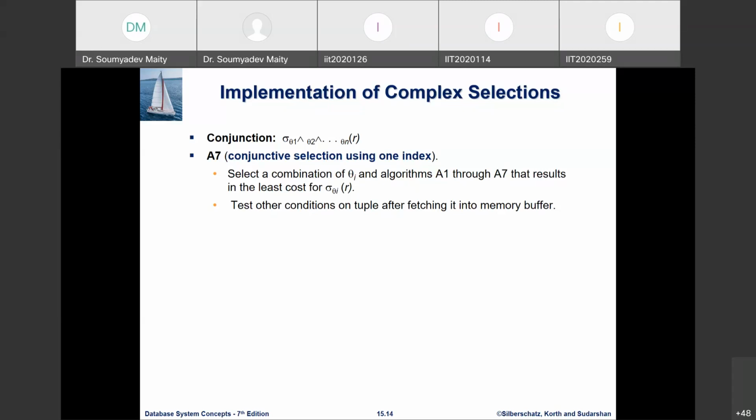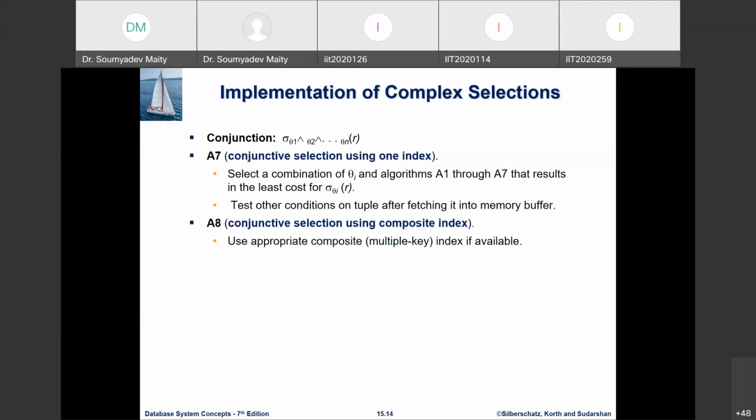How can you perform this operation? What is the algorithm? It is saying that you take any of the n conditions, and then check the algorithms that we have discussed so far, A1 to A6, and see which one is optimal. Just estimate the cost. Don't execute the algorithm, but according to the formulas that we have deduced so far, you estimate the cost of applying that particular condition theta i, for i equal to 1 to n.